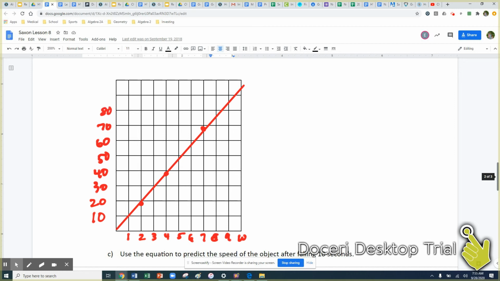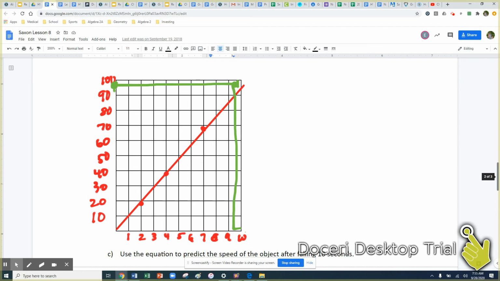So that would be 80, 90, and 100 right there. 10 seconds would be all the way at the end of the graph that I made. So that would be right here, 10 seconds. And then going over to, kind of predicting, going over to here, about where it would be. It looks like it's a little bit under 100. That would be about where 10 seconds would be.